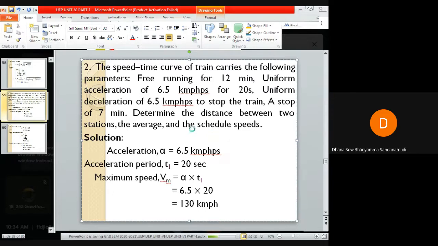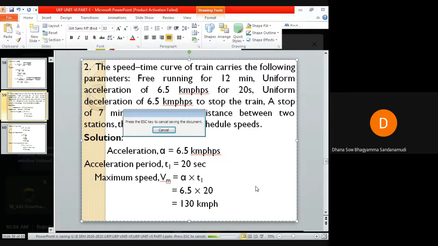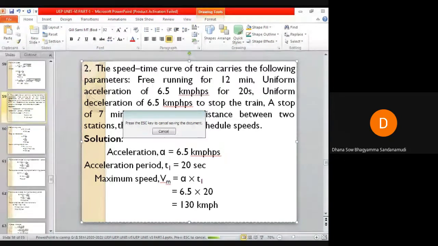Write it down and inform me. Type C as soon as you complete. Write it down.